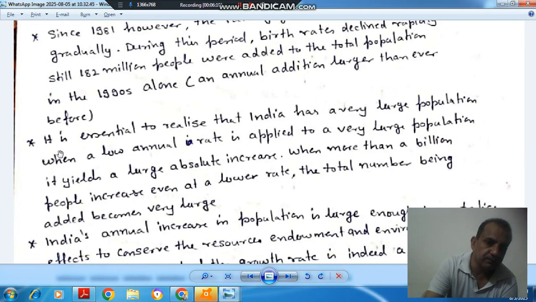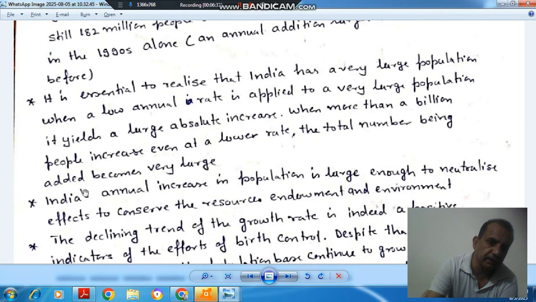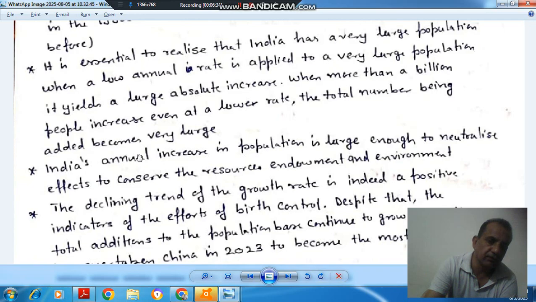Next point is, it is essential to realize that India has a very large population. When a low annual rate is applied to a very large population, it yields a large absolute increase. When more than a billion people increase, even at a lower rate, the total number being added becomes very large.